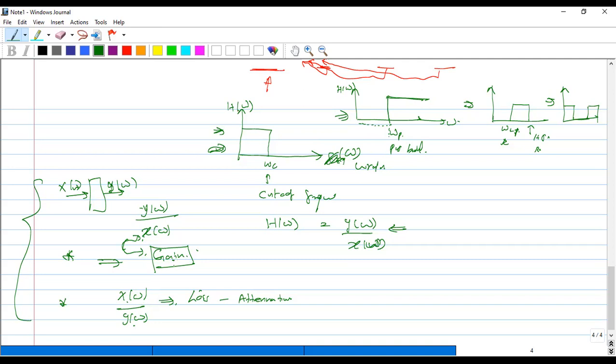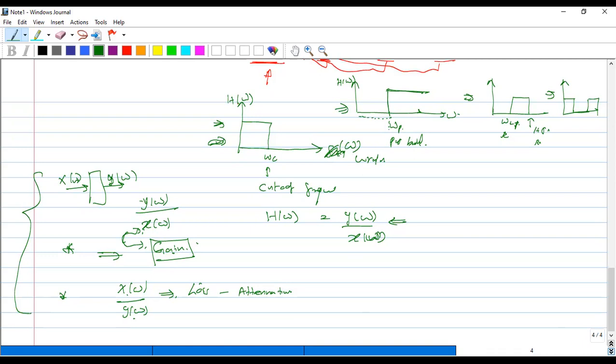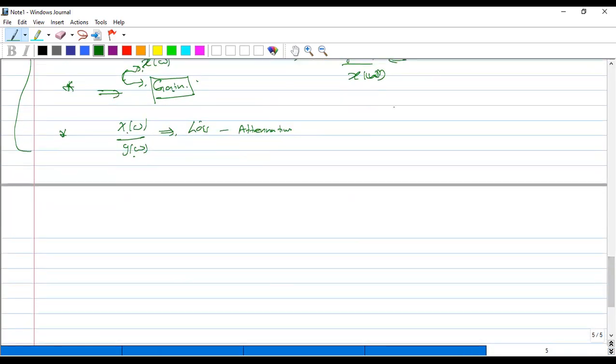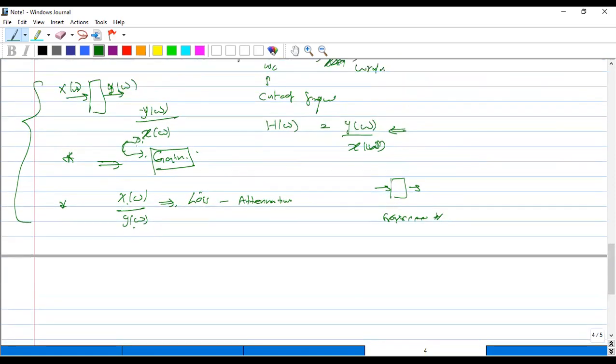Another question I will ask: if you have an amplifier, should the gain be plus or minus?